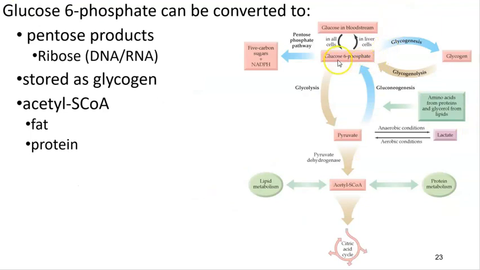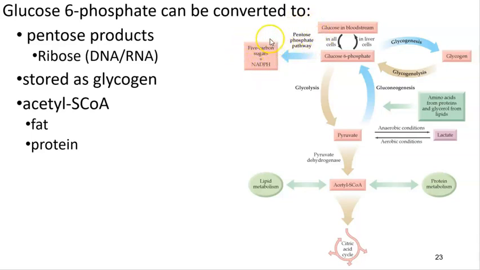Once that phosphorylated glucose, which we call glucose 6-phosphate, is trapped in our cells, there are actually a number of different things that it can be converted into. We can go through the pentose phosphate pathway, which, pentose, right, 5-sugar phosphate pathway.